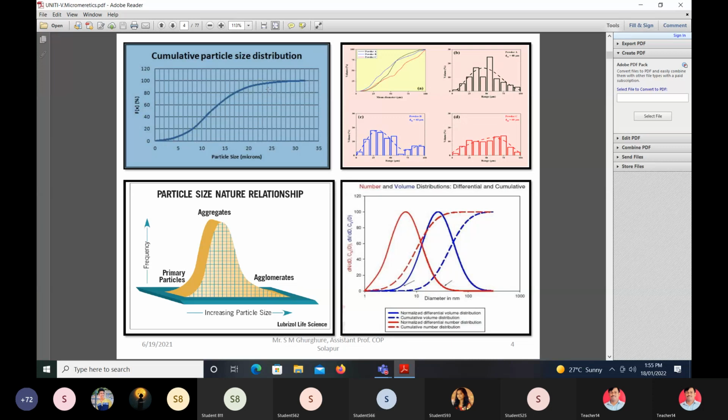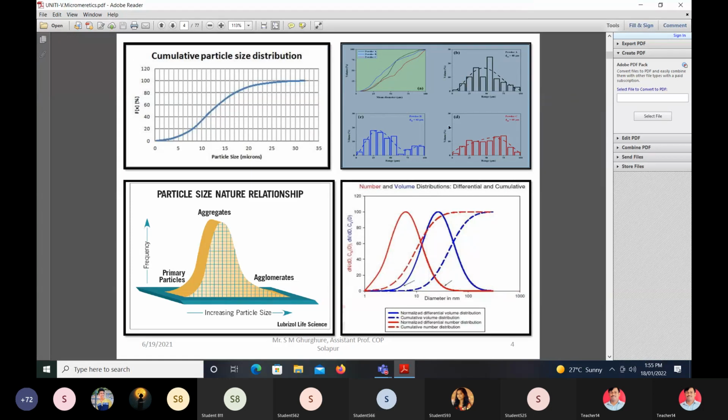You have to count it and then individually take its frequency, the number of particles, and plot the graph of particle size versus the frequency of the particles, and then we'll get this type of graph. This graph is called the frequency distribution graph. Here you have to see the graphs.